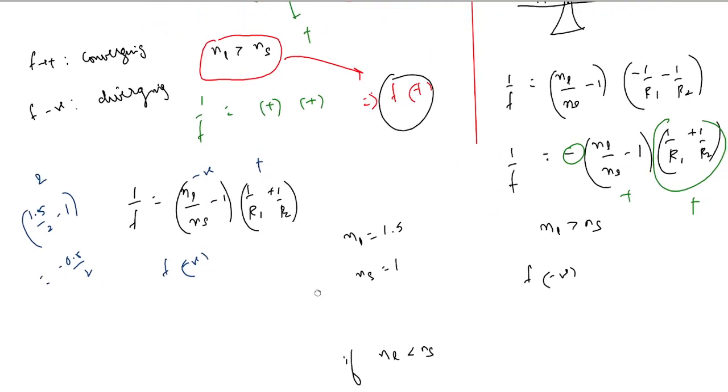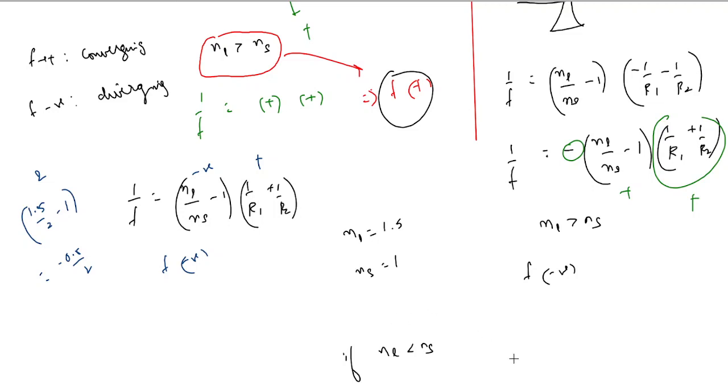If we do the same thing for a concave lens, F becomes positive. So what is seen here is that when a given lens is placed in a medium of higher refractive index than the lens itself, it will have different properties. A convex lens will have negative focal length, which means it will behave like a diverging lens because F is negative, and a concave lens will behave like a converging lens.